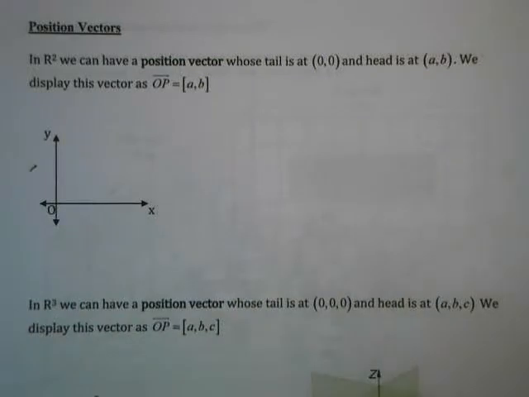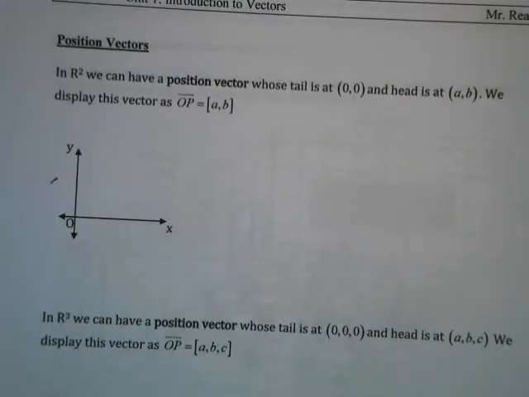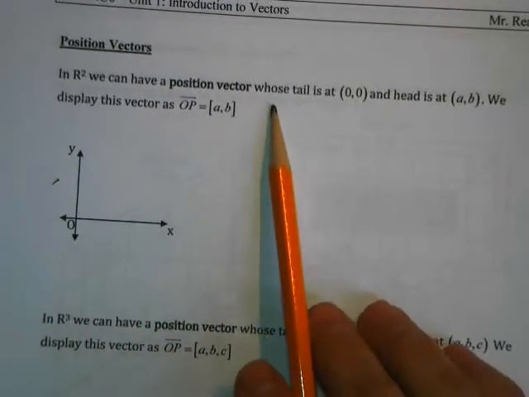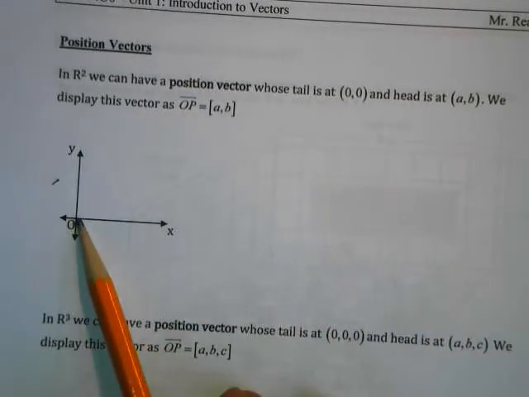Position vectors, we've talked about this a few times now. Position vectors in R2 always have their tail at 0, 0, which is the origin.